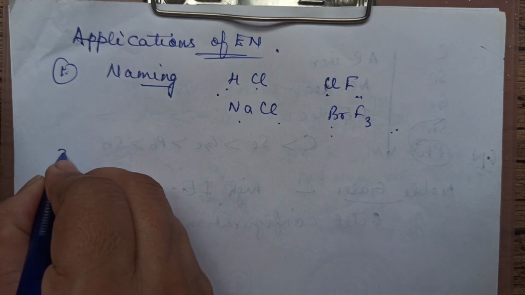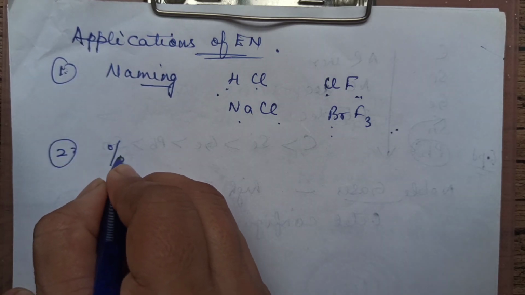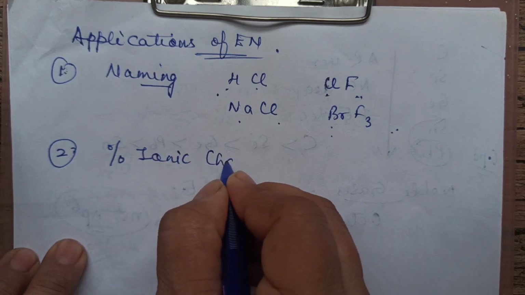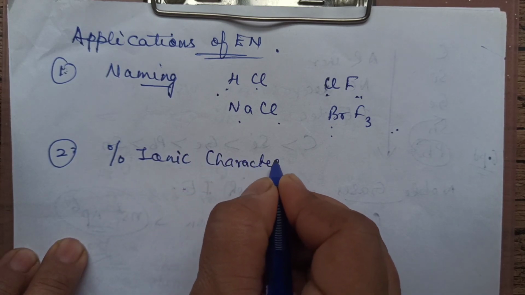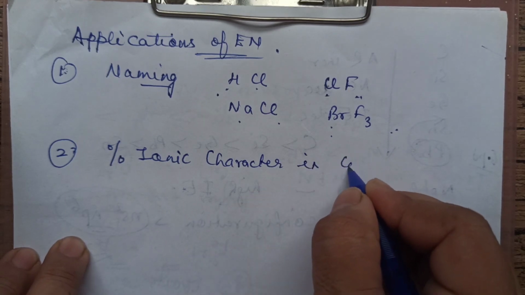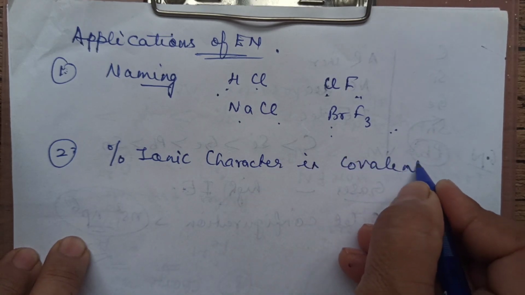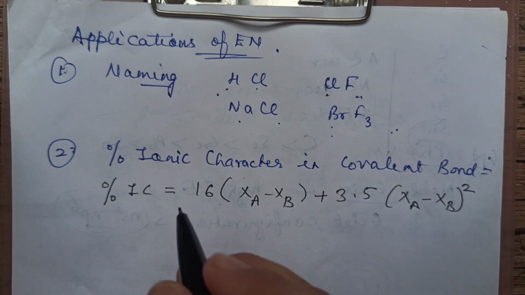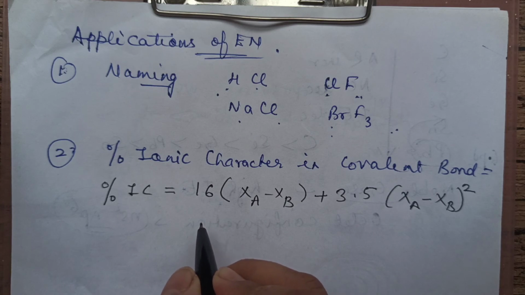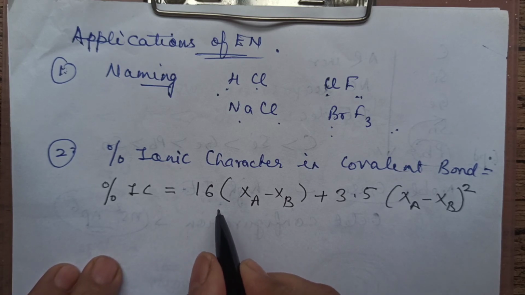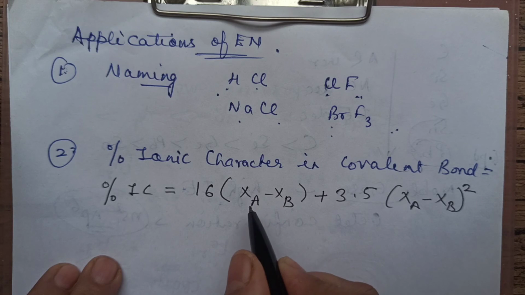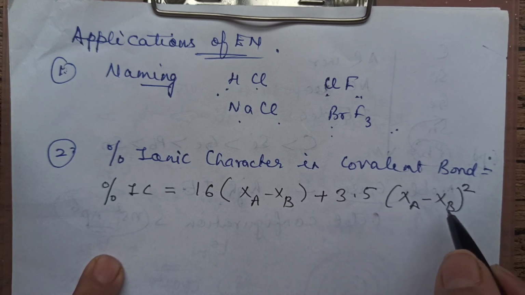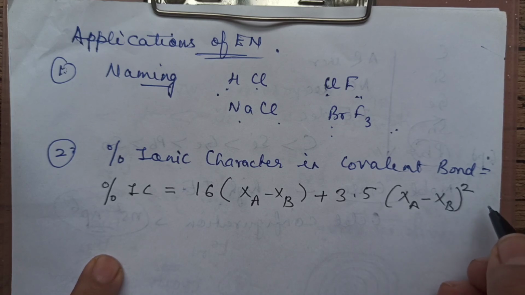Got it? Second application is percentage of ionic character in a covalent bond. This is the formula, children, to calculate the percentage ionic character: 16 into (chi A minus chi B), the electronegativity difference of the 2 combining atoms, plus 3.5 into (chi A minus chi B) square.